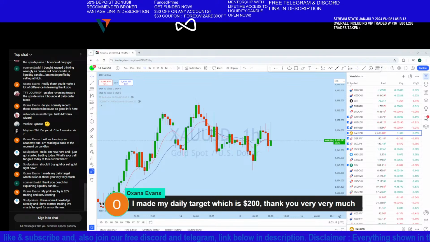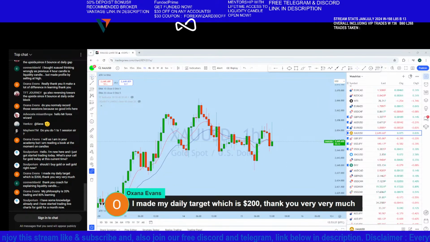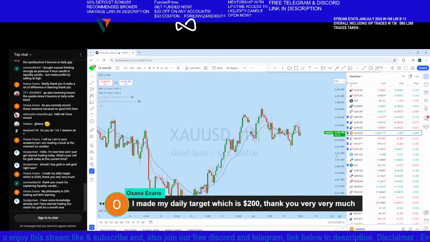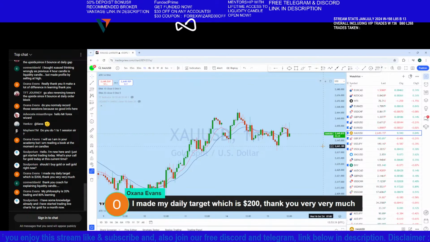So I made my daily target, which is $200. That's good to hear that you made the daily target. Yeah, $200 a day is in fact ideal for traders, but I would recommend keeping it flexible. One day you may make it and one day you may not be able to.